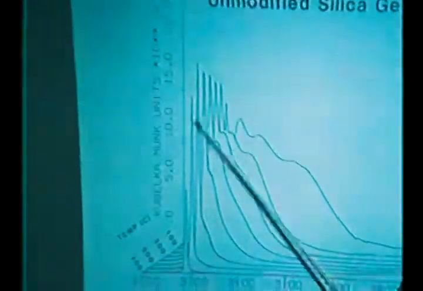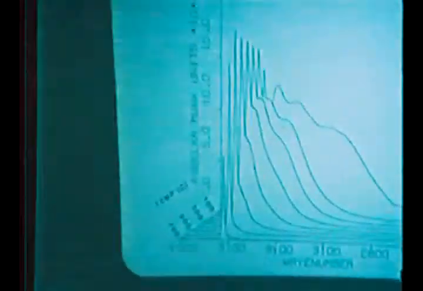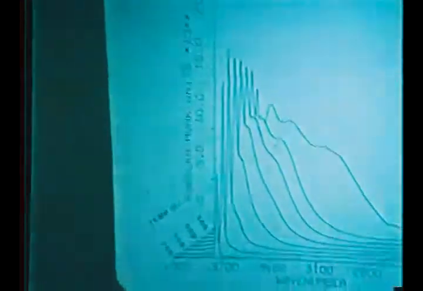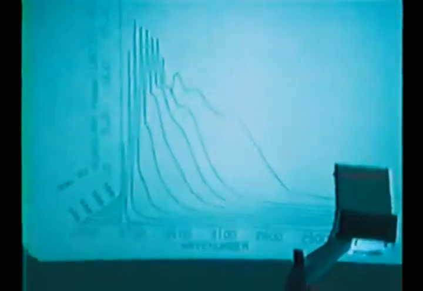And 600 degrees C is the magic number. This is the temperature at which you have a very high concentration yet of non-hydrogen bonded silanols, but the hydrogen bonded silanols have all condensed to split out water. And above this temperature, you start really doing some severe things to the surface.